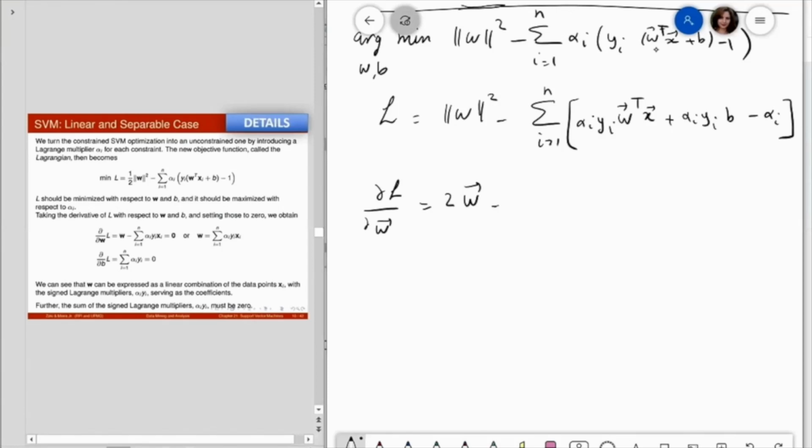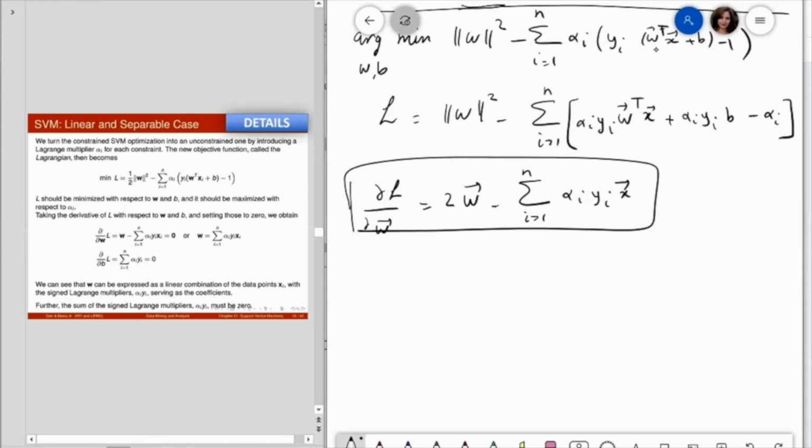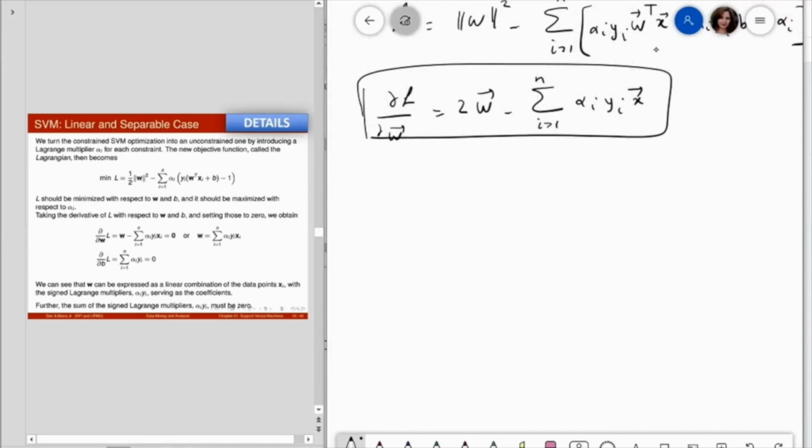And in this sigma, the only term that has w is this one, so we only take the derivative of this one with respect to w, which is sigma i equals 1 to n alpha i yi x. Now, if I set this to 0, because I want to find the minimum point, then I have 2w minus sigma i equals 1 to n yi alpha i x is 0.